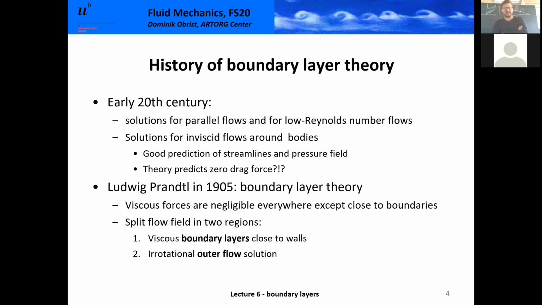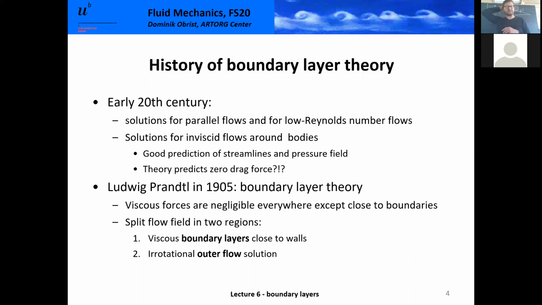At that point in time, several things in fluid mechanics are already well known. For instance, what we did last week, like the Stokes solution, Stokes drag on a sphere, low Reynolds number flows. This is something which was already quite a bit understood. It was understood what the effect of viscosity is. And there was another thing that was well understood, and that was solutions for inviscid flows, so flows without viscosity.